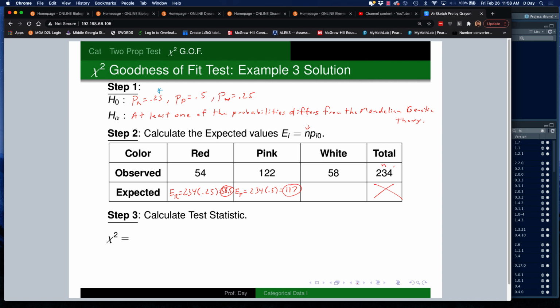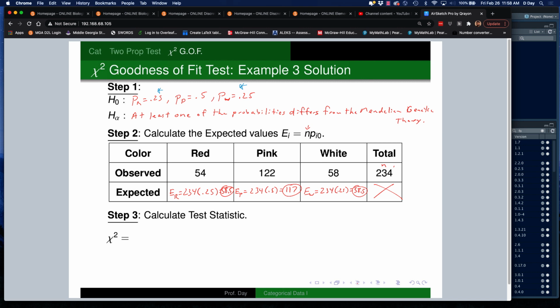And then for the white, the expected value of the white, we take the 234 again and multiply it by the probability value up here of 0.25. That should come out to be the same as our first one, which is 58.5. So our expected values all check off that assumption. We're happy with it. We might not write this for a publication, but for our purposes in this class, we might say all the expected values are greater than 5. The assumption has been met. We can continue on with the test.